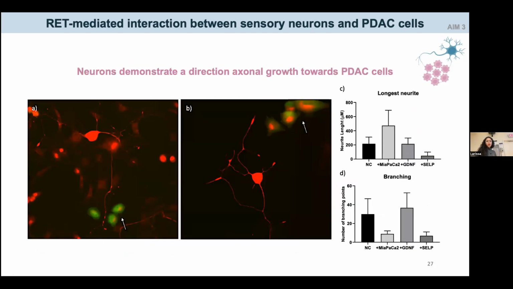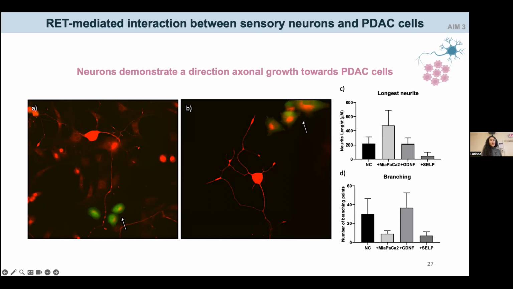Finally, this work also involved optimization of co-culture experiments to explore how these different cell populations interact with each other. First, to investigate the role of RET in the interaction between nerves and PDAC cells, we co-cultured DRG neurons and MIA-PaCa cells for a period of 3 days.